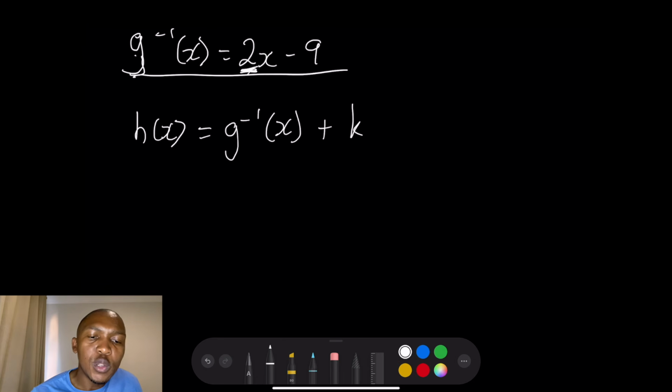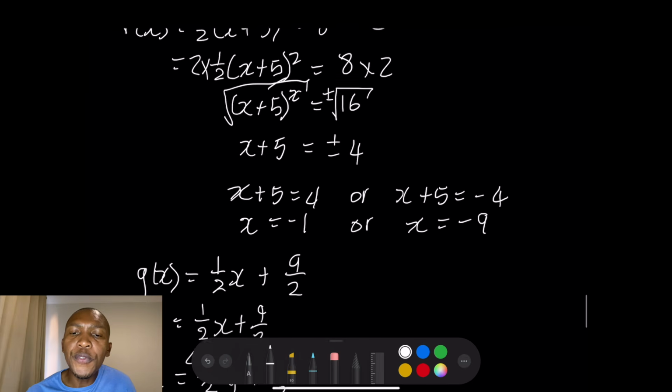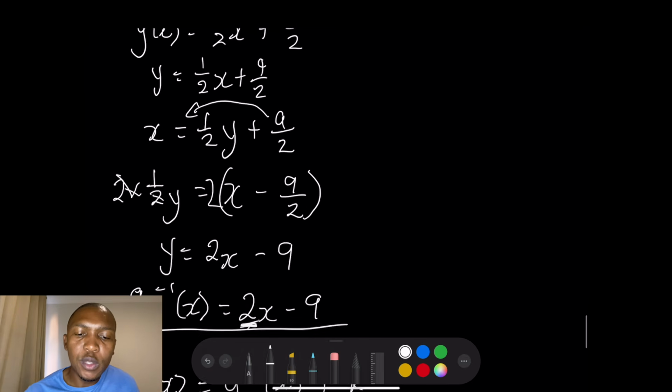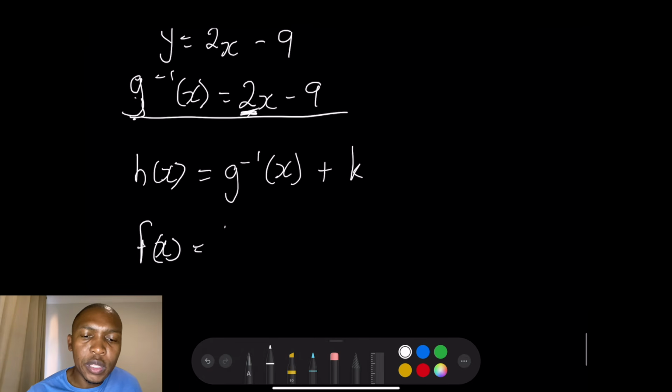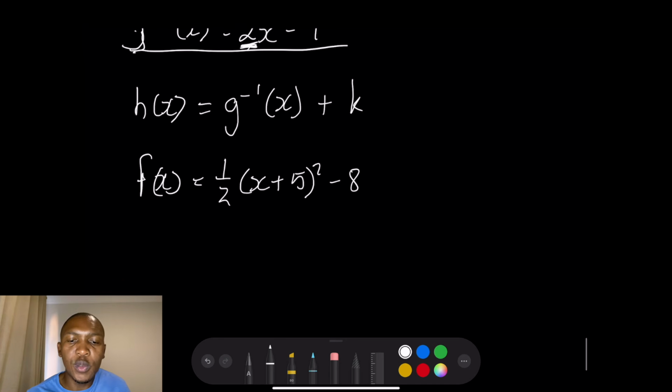is 2. So in this case, I'm going to take the gradient. Let's write f of x in standard form. So this is going to be half of x plus 5 squared minus 8. I'm trying not to drag this too far.